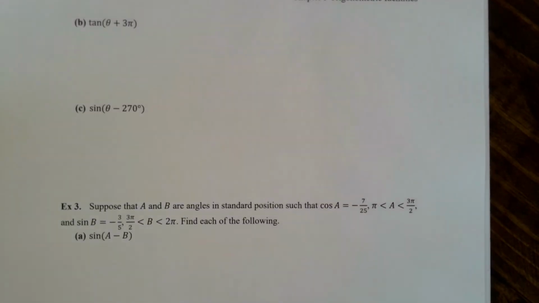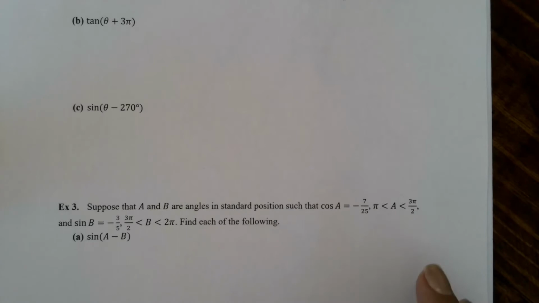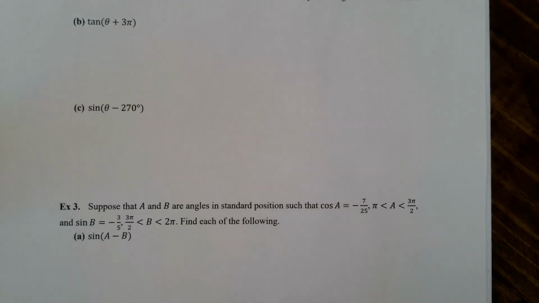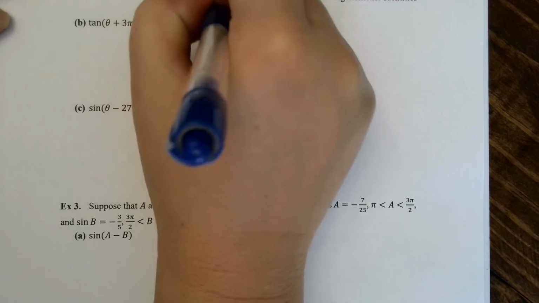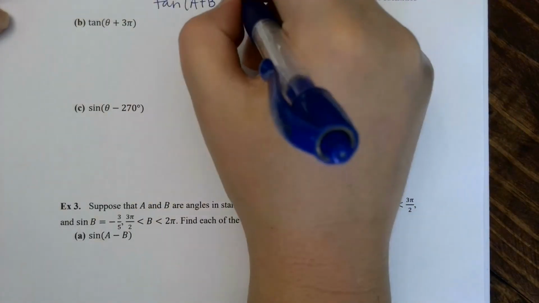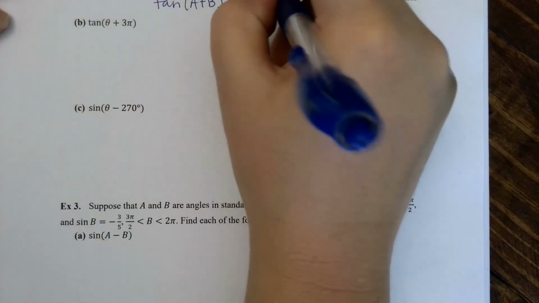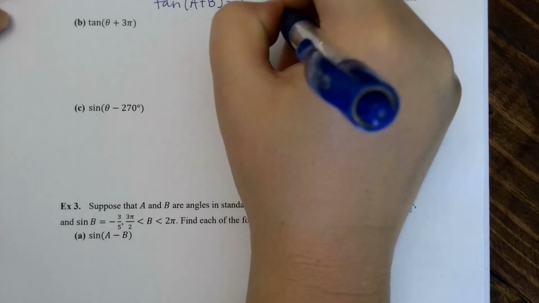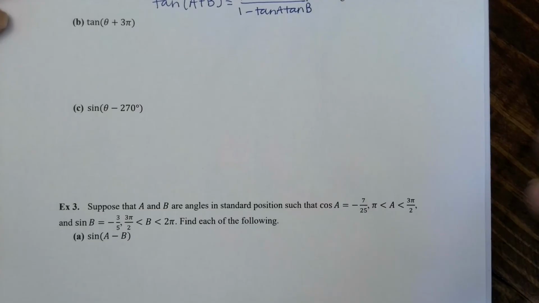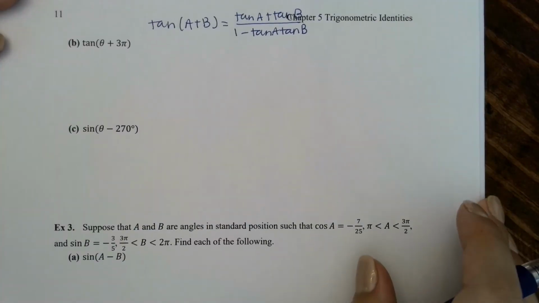Alright, so we have tangent of theta plus 3 pi. Okay, so this is the sum identity for tangent. So tangent of A plus B is equal to tangent A plus tangent B over 1 minus tangent A times tangent B. Alright, so we're going to plug this in.